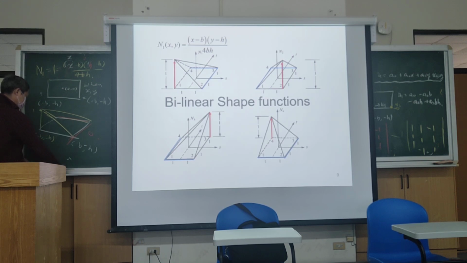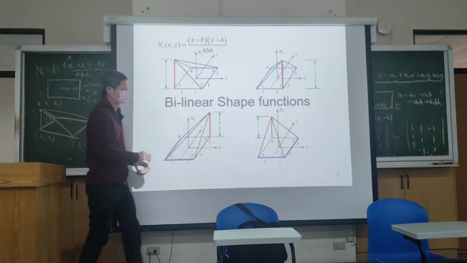Along this line, this height is variable depending on how far you are, until the point that this is 0. So this is the way you see the shape function. Okay?